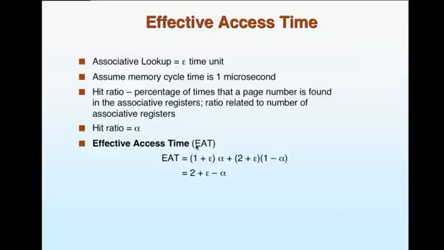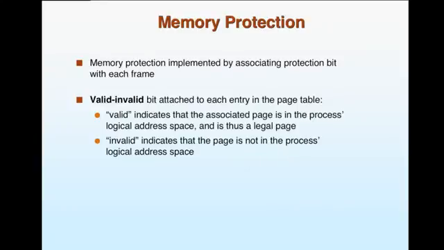So if the hit ratio is calculated, we can come out with the effective access time, which is a calculation that gives us our average time. Based upon our hit ratio, it computes a time estimate of how much time it actually takes to find something and access it when it's been loaded into memory.